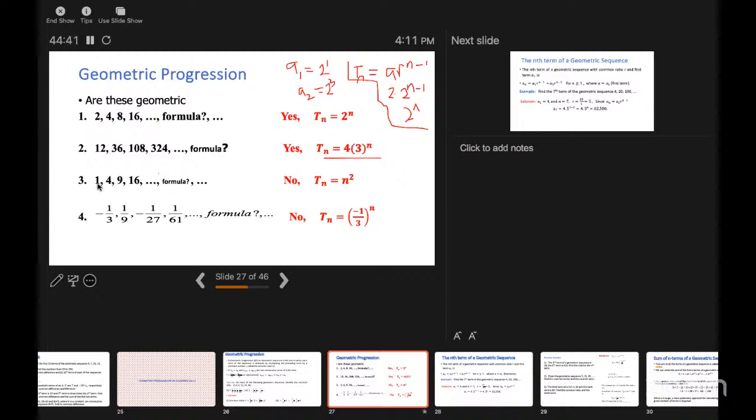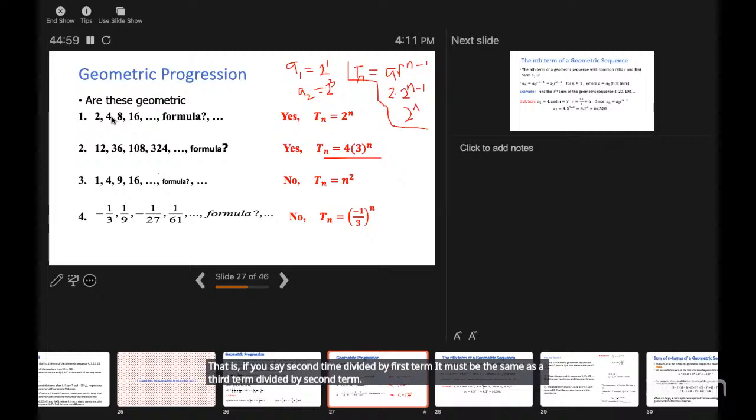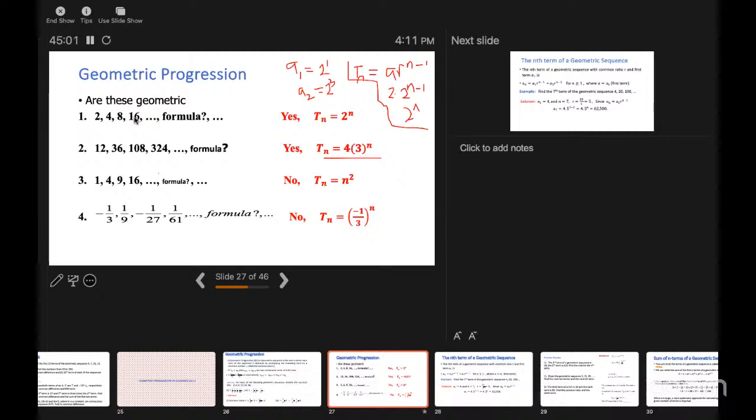Is number 3 a geometric progression? No. Look at number 1. If you divide the second term by the first term, it must be the same as the third term divided by the second term, and the fourth term divided by the third term.